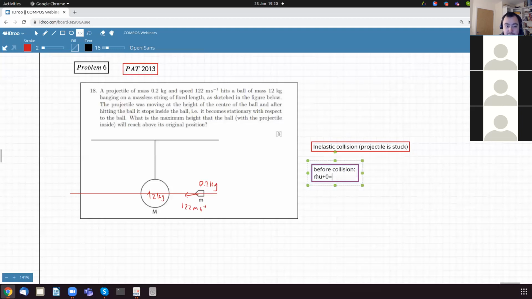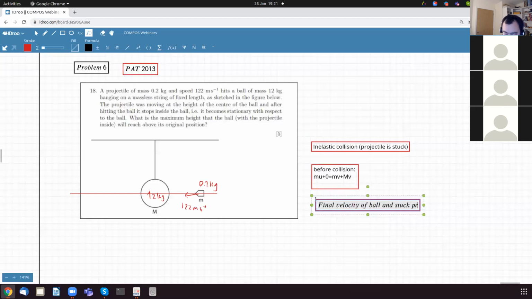Now, after the collision, they move together with the same speed, so it's going to be m v plus capital M V. So from here, you can work out that v, the final velocity of the ball and stuck projectile, is mu divided by m plus M.